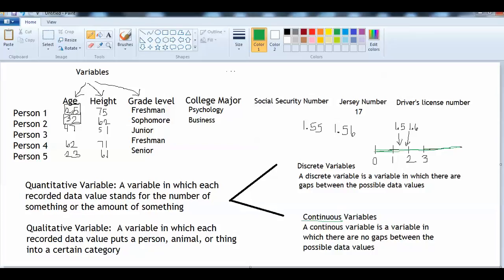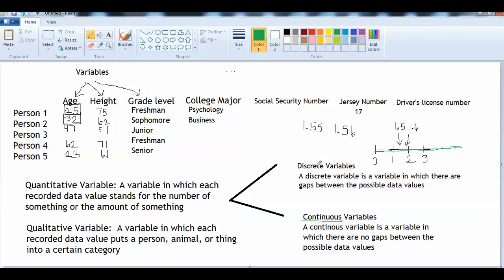A lot of naturally occurring amounts are continuous, like amounts of rainfall or wind speeds and things like that, or heights of people. Often what makes something discrete is when only whole numbers are possible. Like some things are only created in whole amounts, like people are always whole amounts.